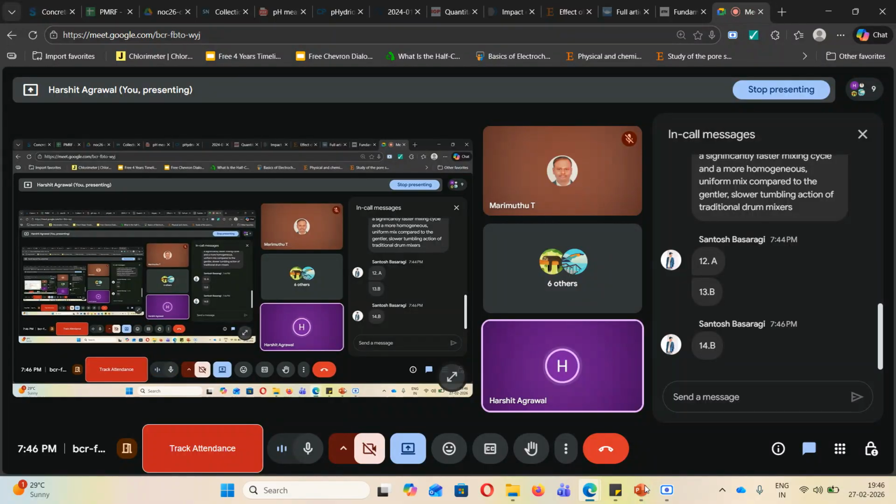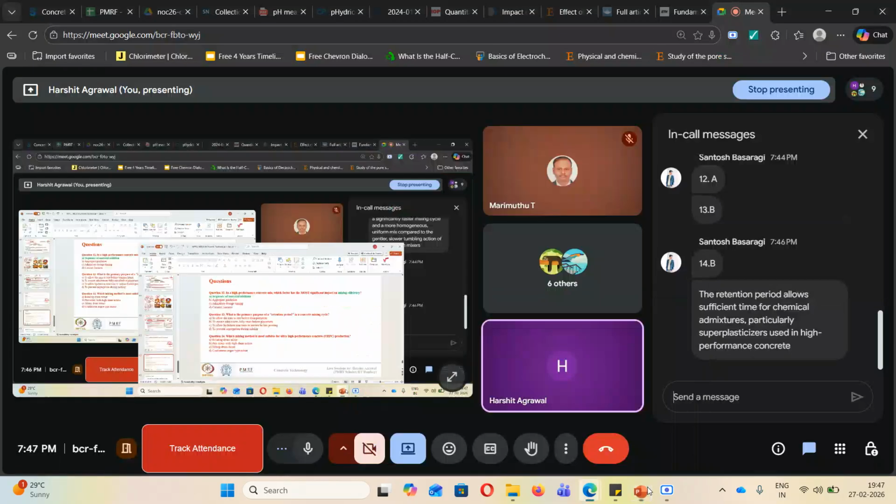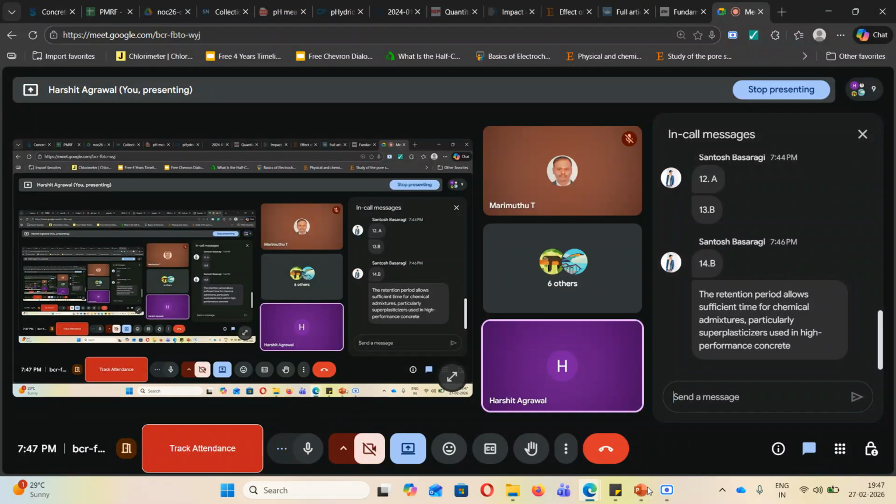Can you tell me the reason why B is the correct option? Why is sufficient time required for chemical admixtures?